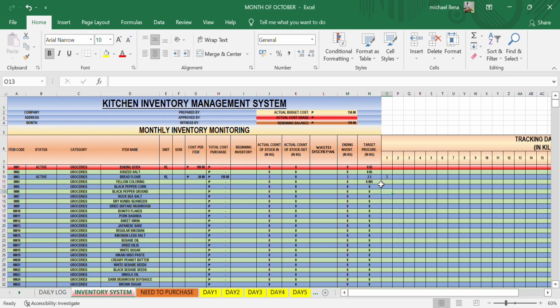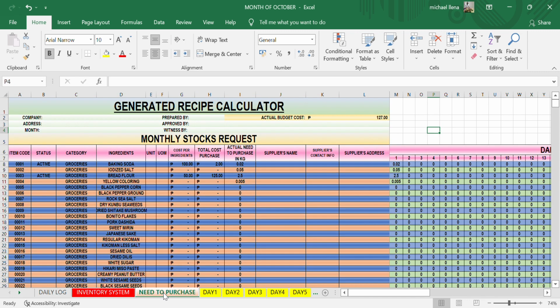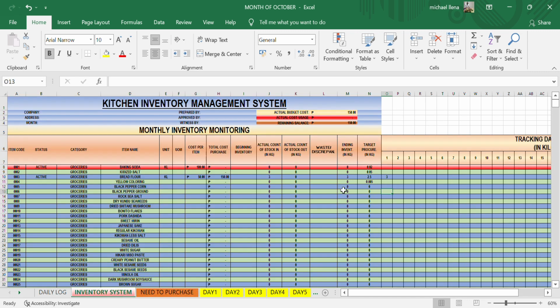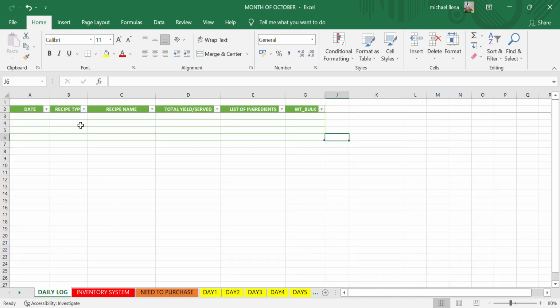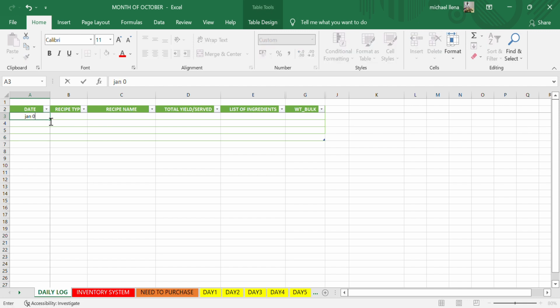Okay, you have the actual of 3 kilos at 50 pesos per kilo, so you already have 150 pesos of actual budget cost. You have the stocks already. So for example, you have a daily log. Like for example on January, you have the lunch.